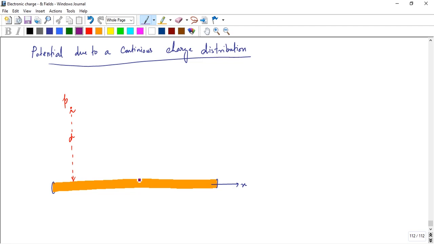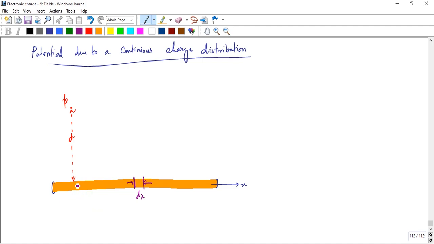Consider a small length of this continuous charge, called dx. This small element of the rod carries a charge.